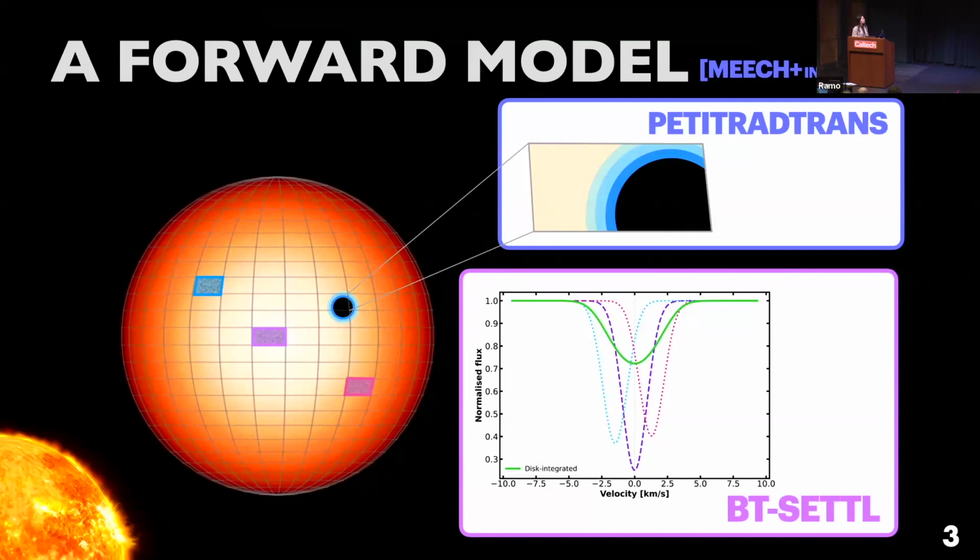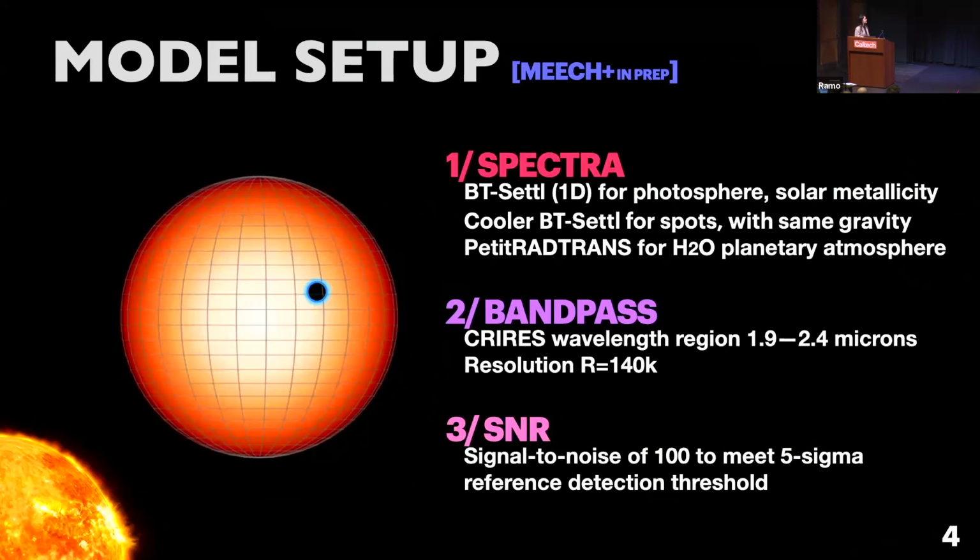So for the work that I'm showing today, this is the model setup that I used. For the spectra, I took 1D BT-Settl models for the photosphere, and for the spots, cooler BT-Settl models. So Ben's comment on model fidelity is music to my ears.